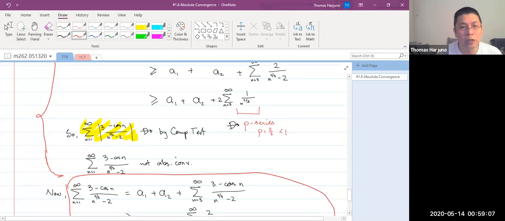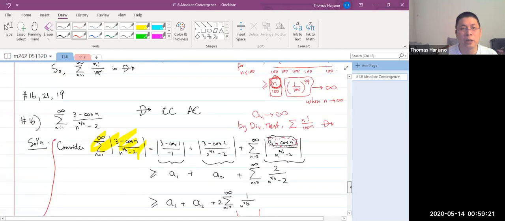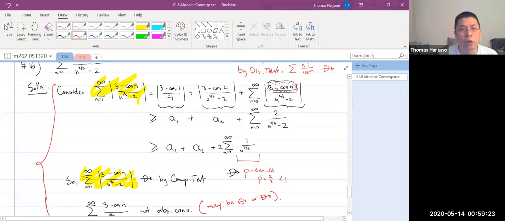So once I show this, it means maybe convergent or divergent. It's just not absolutely convergent. Now, apparently, when I tried to do my work earlier, in between, I picked up some idea. Hey, you know what?